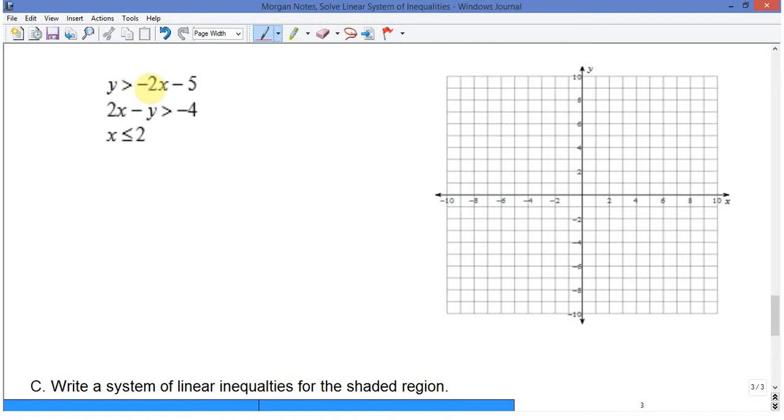So y is greater than negative 2x plus 5. That's in slope-intercept form. So let's put a point at a negative 5. And the slope is a negative 2. That would be down 2 to the right 1. And it's going to be a dashed line.